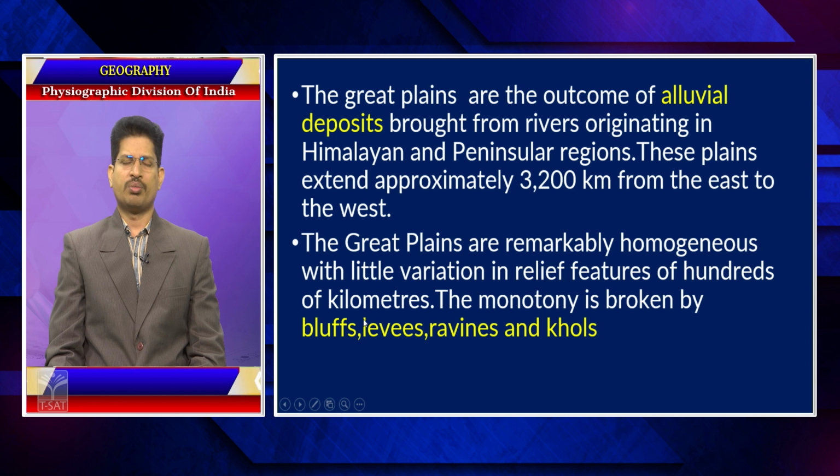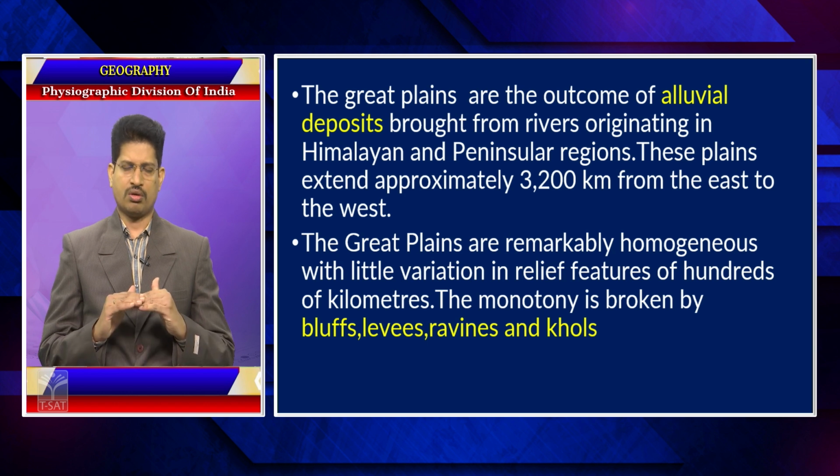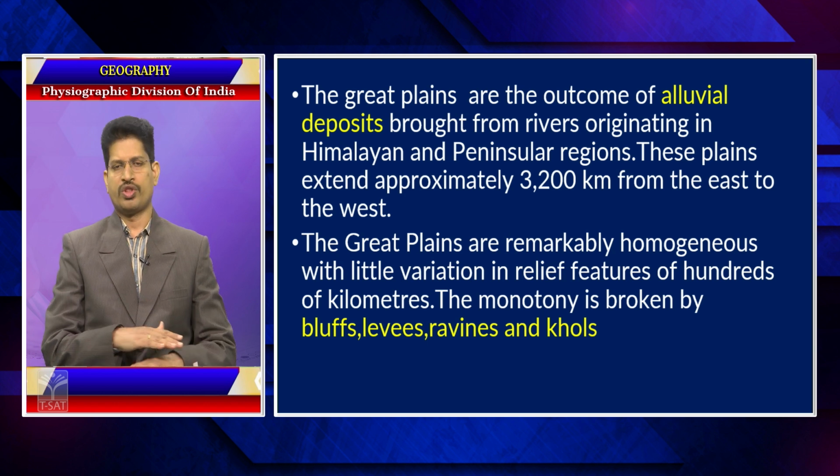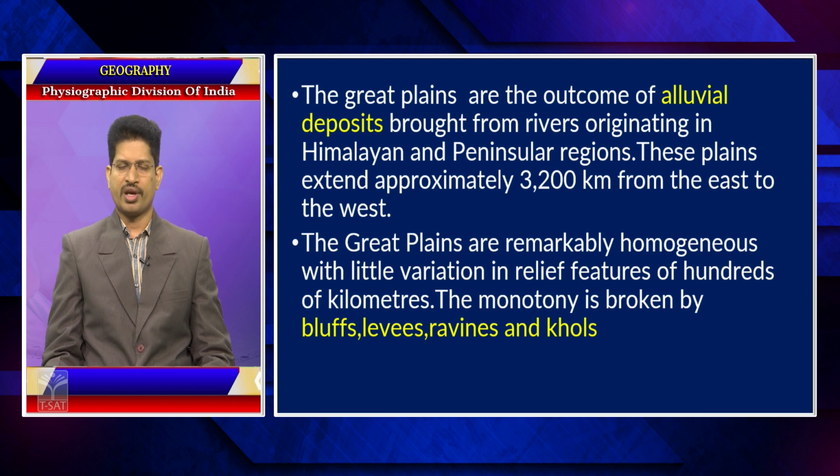A plain, as I have discussed in the previous session, is a surface with minimum undulations, with elevation relatively lower when compared with the surrounding regions, with different features like bluffs, levees, ravines and cols.